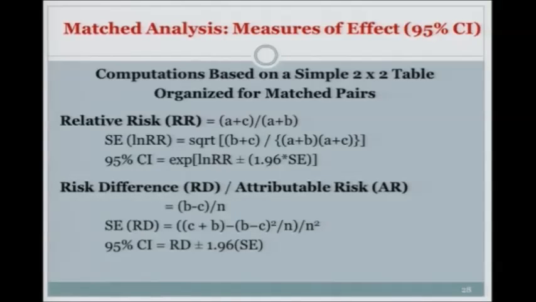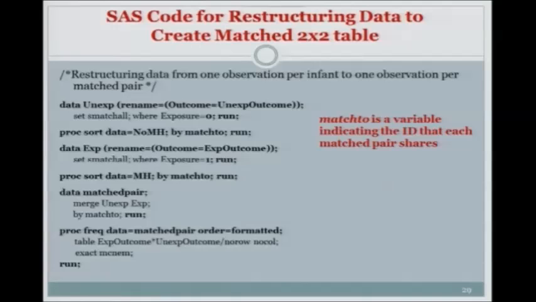The standard errors are pretty easy to calculate. They're all based on the cells. And you can get 95% confidence intervals. So you don't even have to deal with software if you don't want to at that point. I did provide some code for how to rearrange your data into the matched 2x2 table and then let SAS do the work for you.